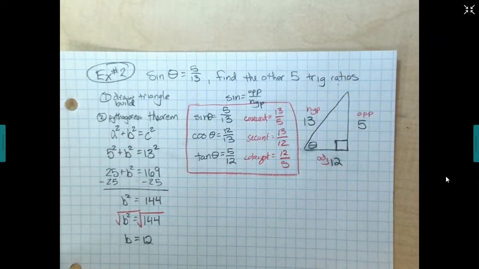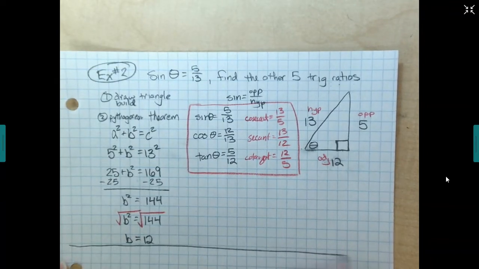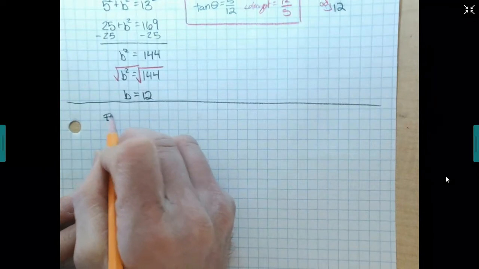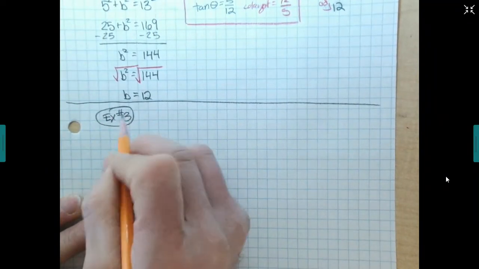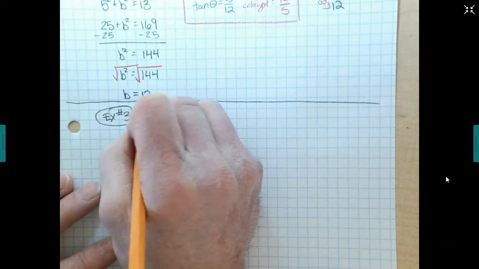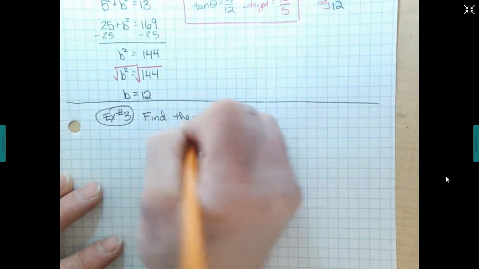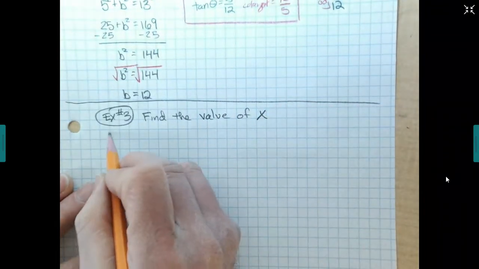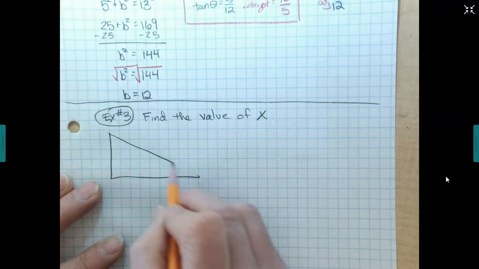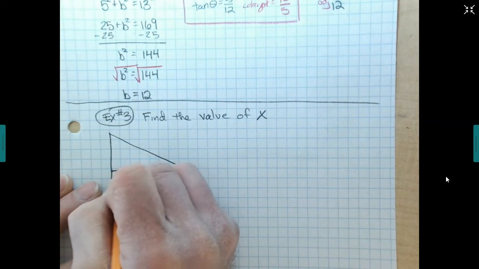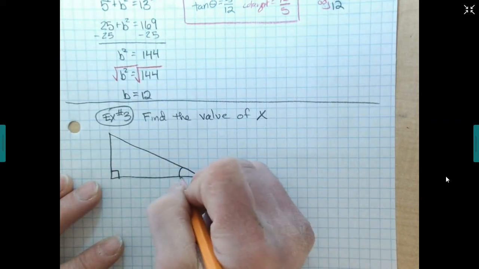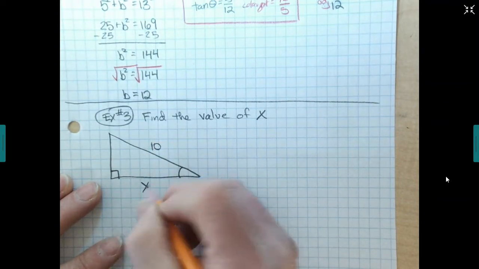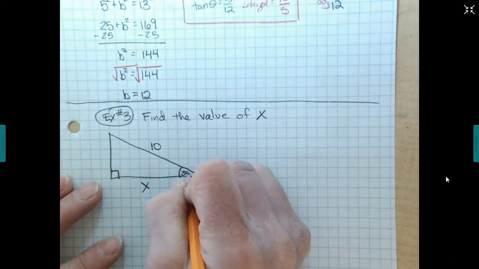All right. Now we're going to use some of this trigonometry to find some unknowns. Example number 3. Find the value of x. So here is a triangle, and you have 10, you have x, you have 35.